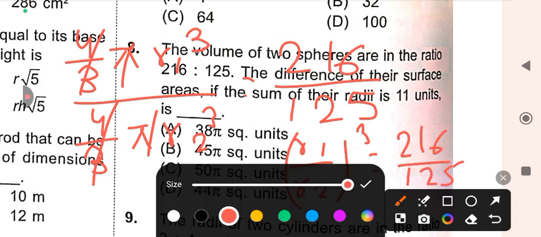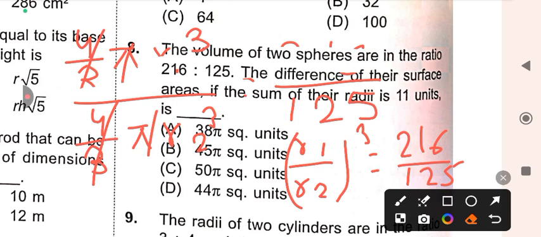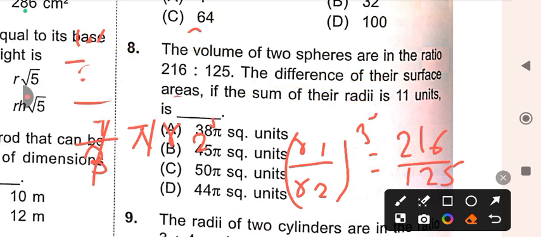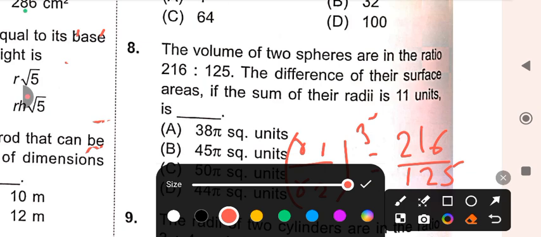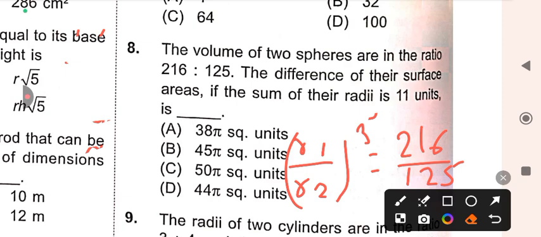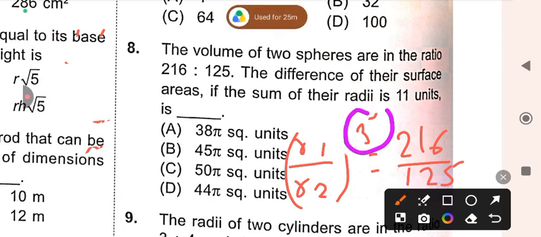I am rubbing the front part so that I can write. From here we can move this cube as cube root.